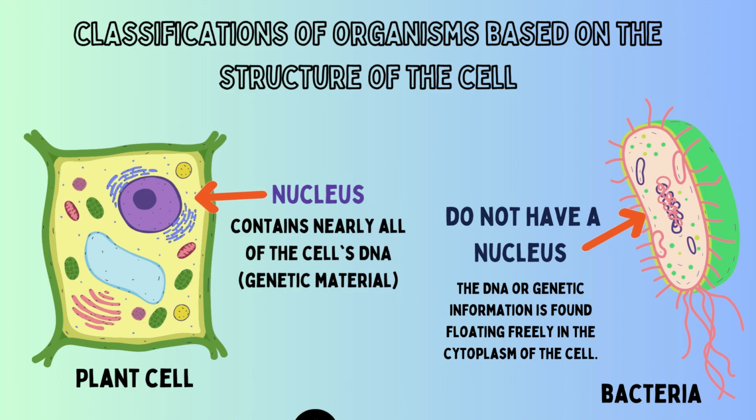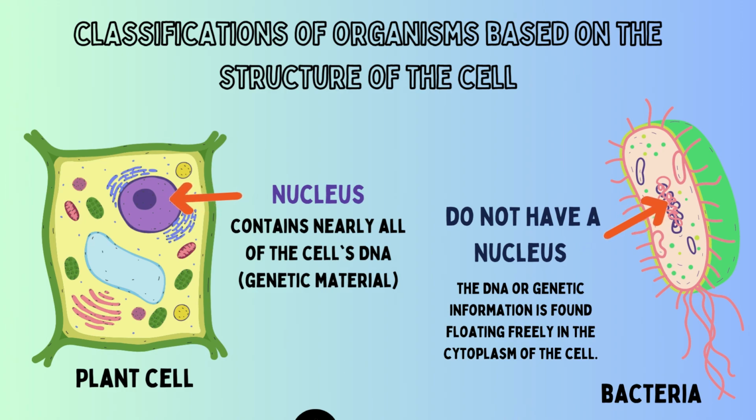That's the one difference. The second difference is that when you look closer inside of the cell, you will see many different things. The main one is that in the plant cell, on the left side, the purple circle that the arrow is pointing to is called the nucleus. The nucleus is the cell organelle which contains most of the DNA.